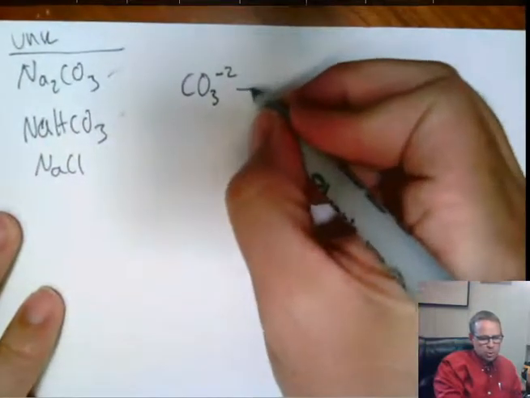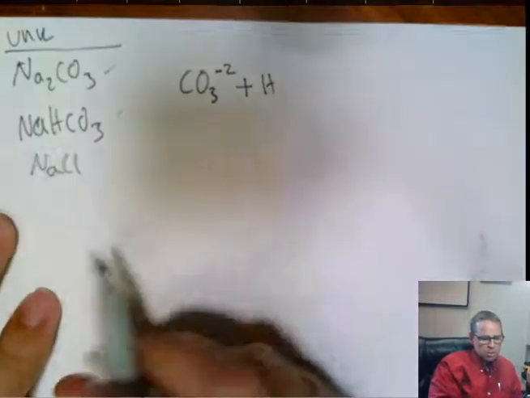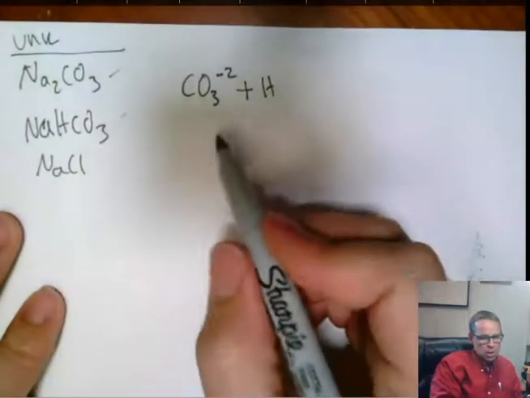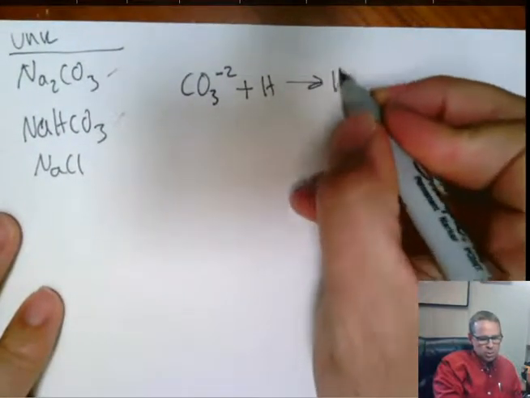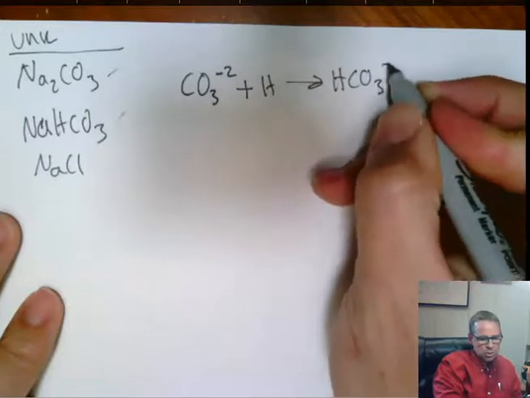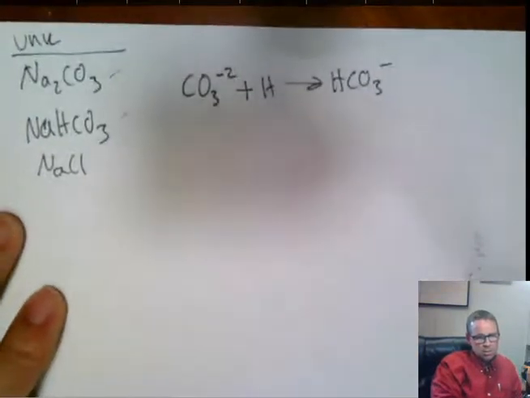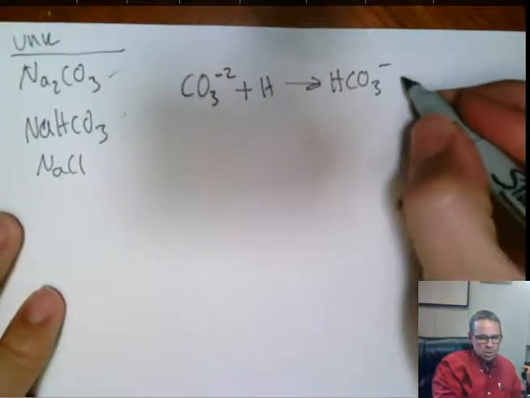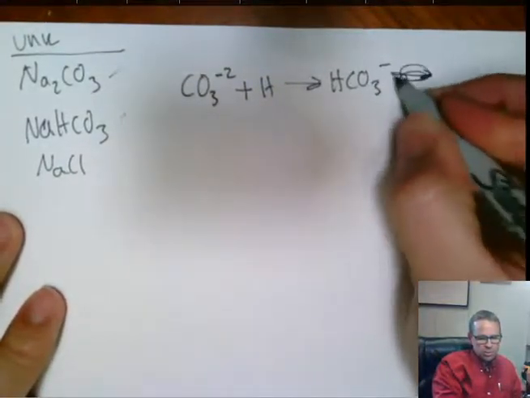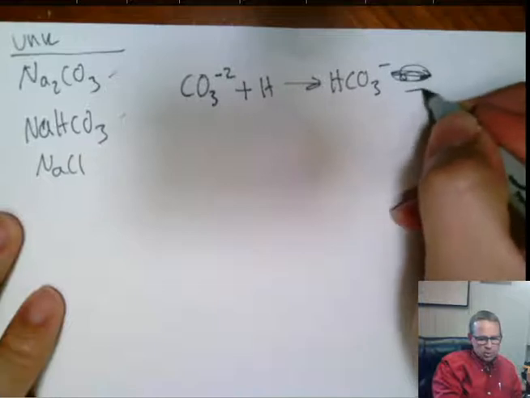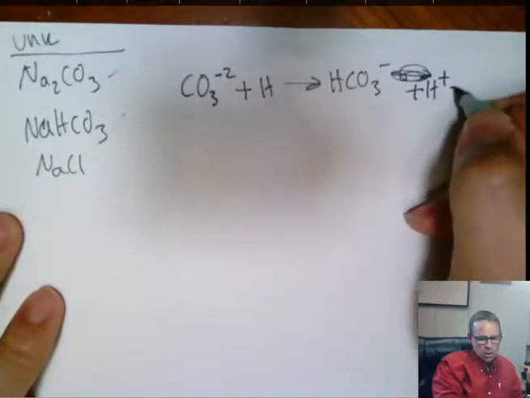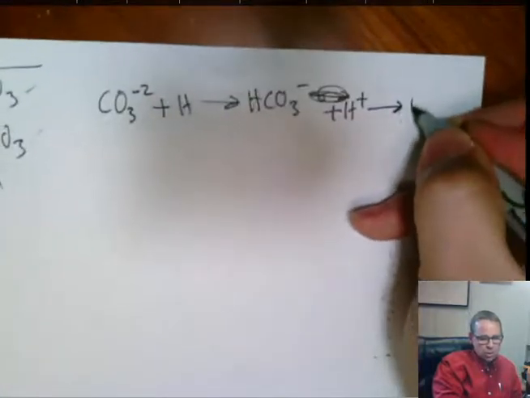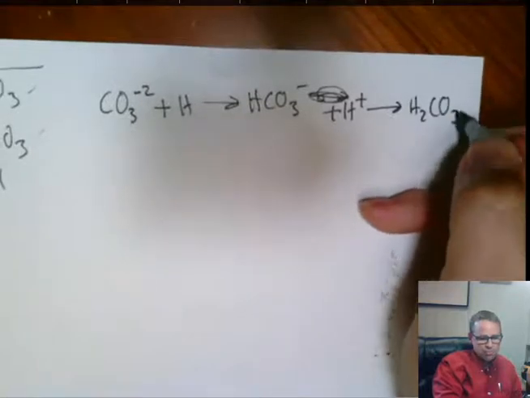The carbonate combines with hydrogen ions, being converted to HCO3 minus. That's the first step. And then the HCO3 minus adds a hydrogen ion and is converted to H2CO3.